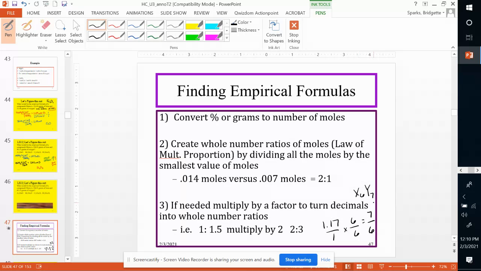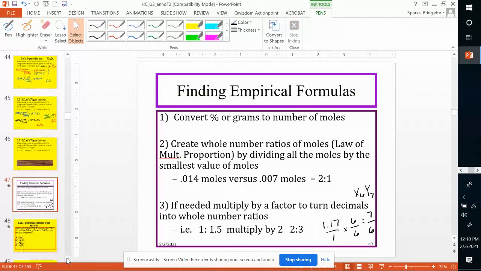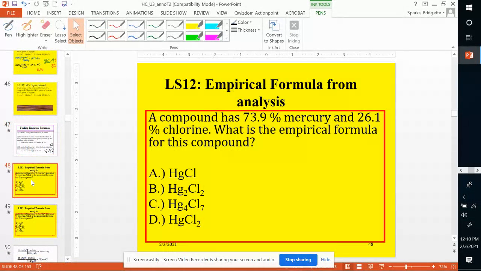All right, so one last example. What if we are given percentages? A compound is 73.9% mercury and 26.1% chlorine. And my question for you would be, does the amount of the material impact the ratio of the atoms?